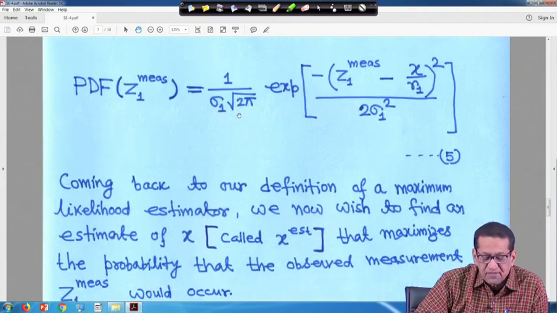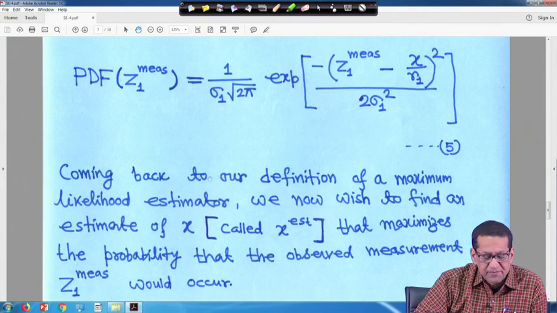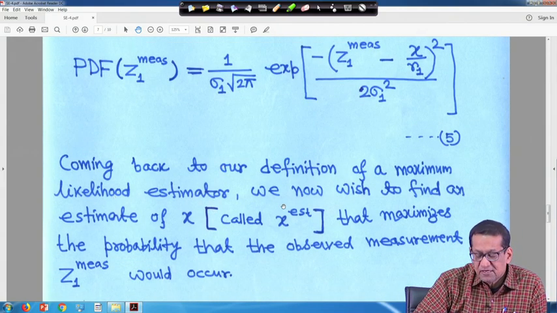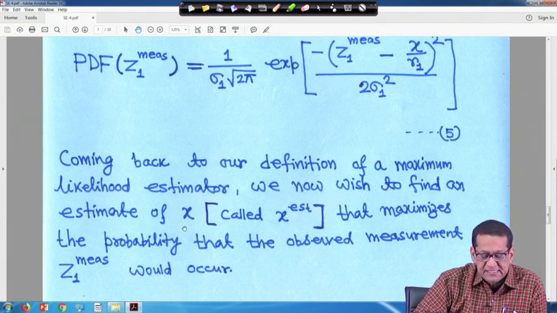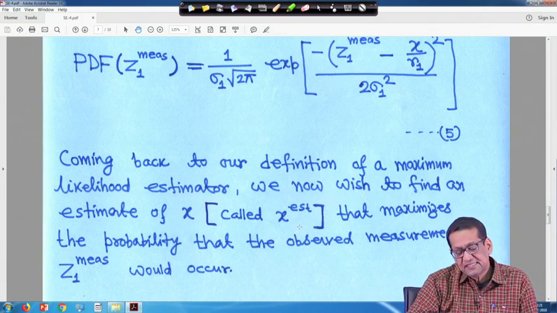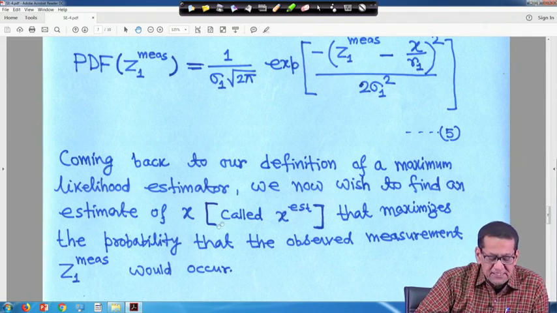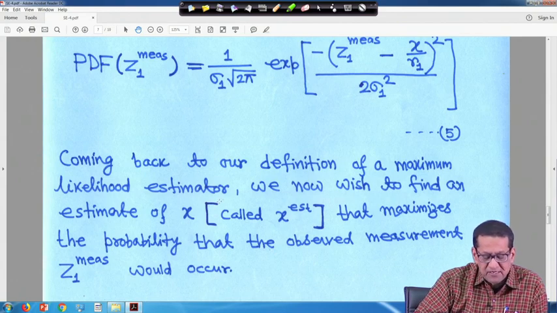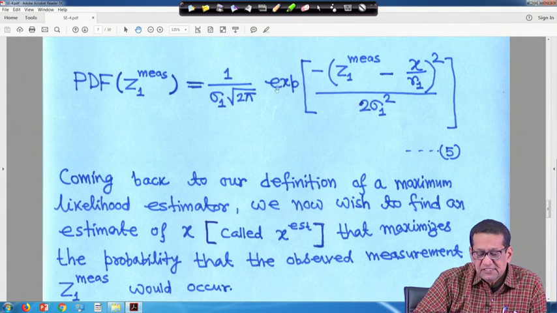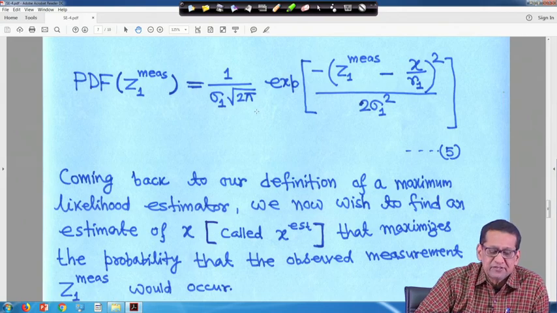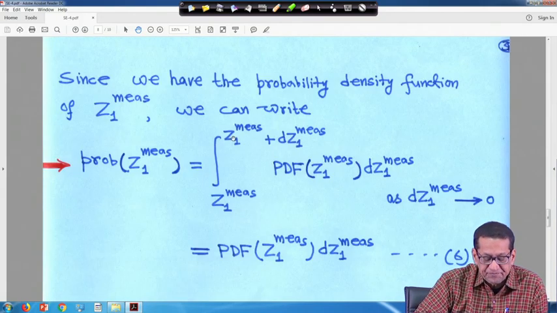Now, coming back to our definition of a maximum likelihood estimator, we wish to find an estimate of x, called x est, that is the x estimator, that maximizes the probability that the observed measurement Z1 measure would occur. This is for just a simple circuit we have taken, and this is the probability density function for Z1 measure.